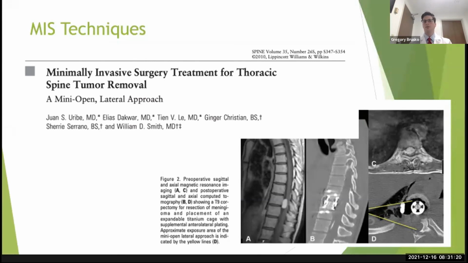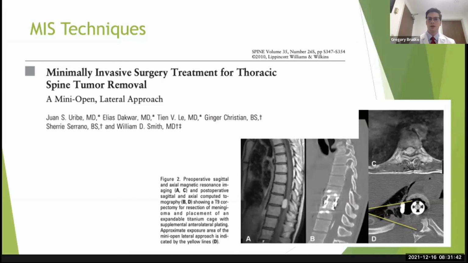And this has the added benefit of avoiding some of the cardiopulmonary complications that can be associated with prolonged prone positioning anesthesia. And this has been aided by recent advancements in neuromonitoring that allow for safer navigation around the lumbar plexus, for example.